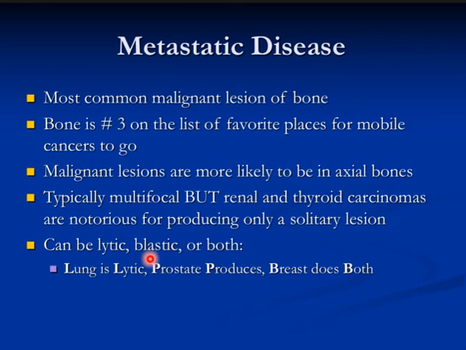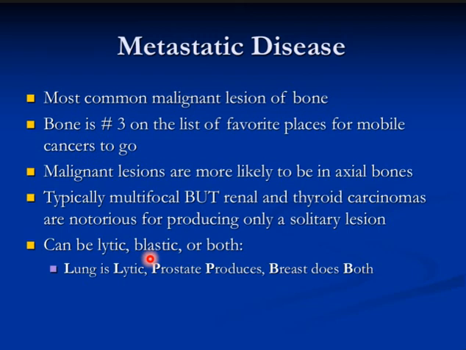Malignant lesions are more likely to be in the axial bone and multifocal, but renal cell carcinoma and thyroid carcinoma are notorious for producing only solitary lesions, which can be lytic, sclerotic, or both. A mnemonic to remember: lung is lytic, prostate is sclerotic, breast does both.